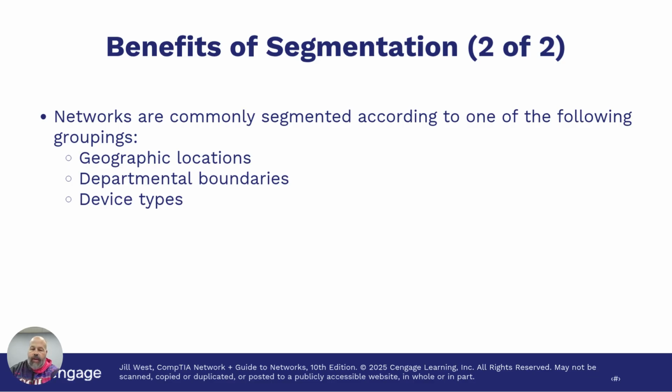Next slide, this is really looking at how we divide things up with regards to segmentation. Common approaches include geographic locations, like separating your office in New York from your office in Tokyo. If you're thinking big, you can split it into departments, like keeping the spreadsheets for the accounting department away from the cat videos from the marketing team.